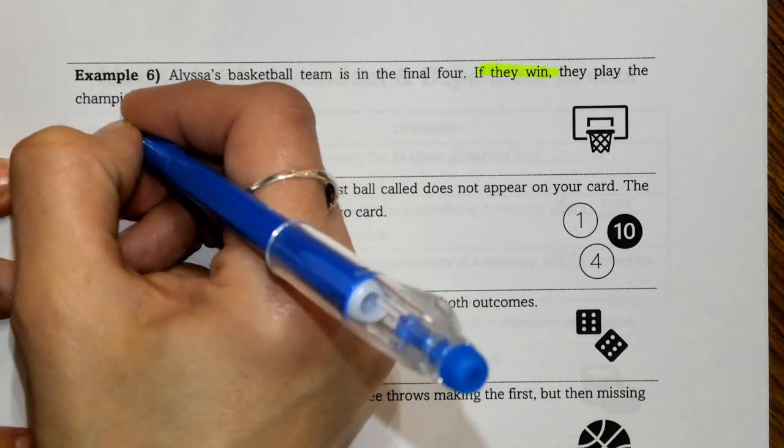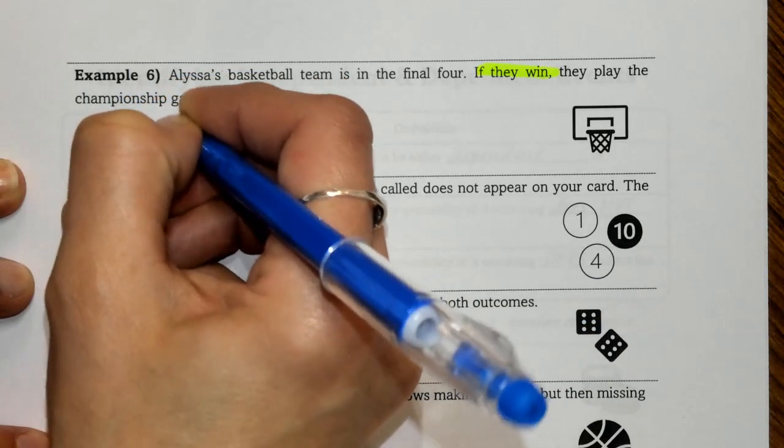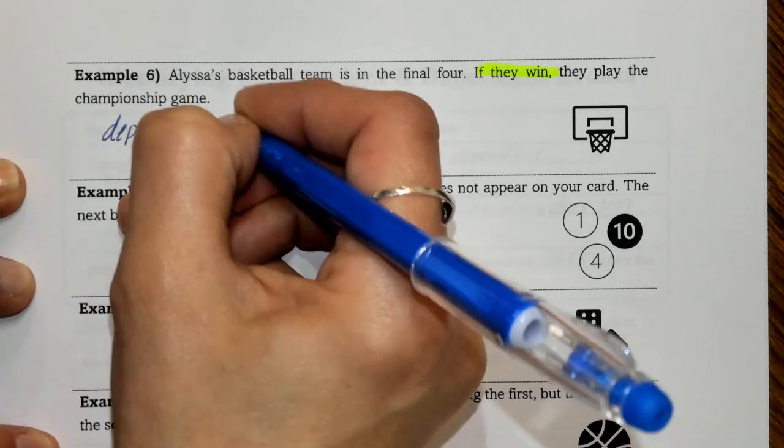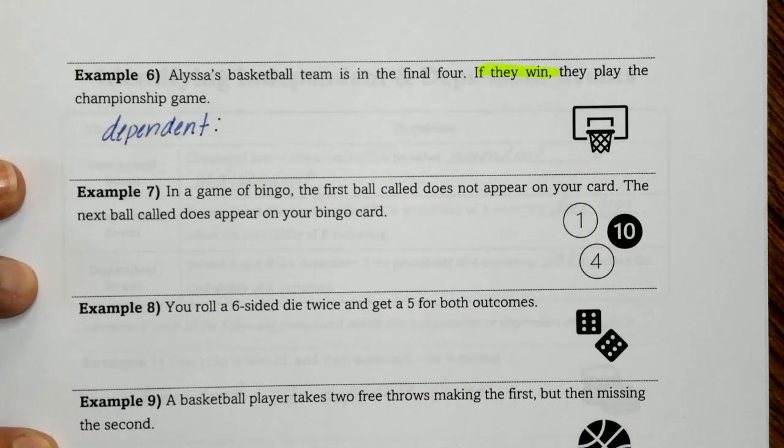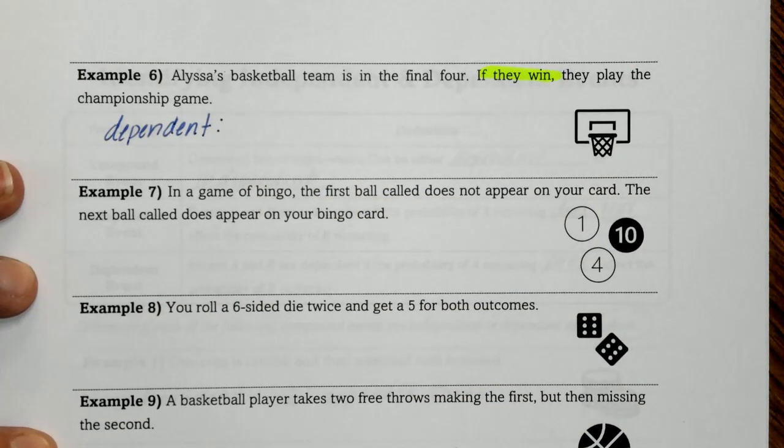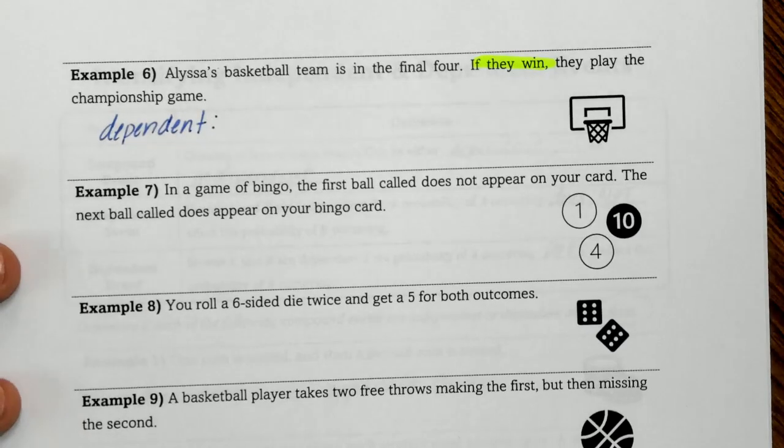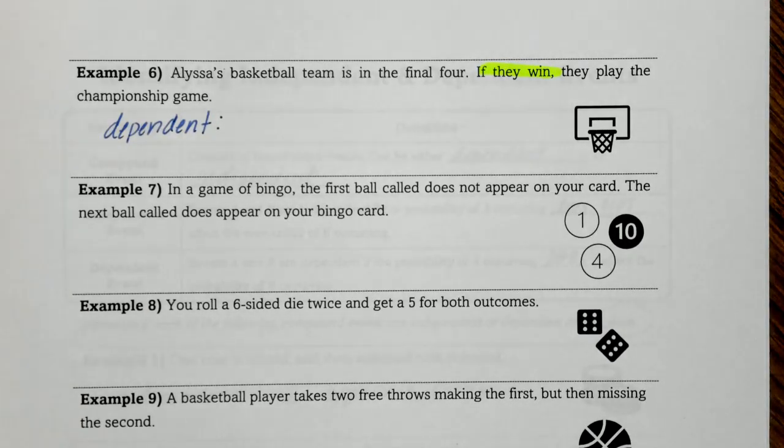So here, these are going to be dependent. The second event does depend on the first event. So here we could put exactly what I said: going to the championship depends on if they win the Final Four.